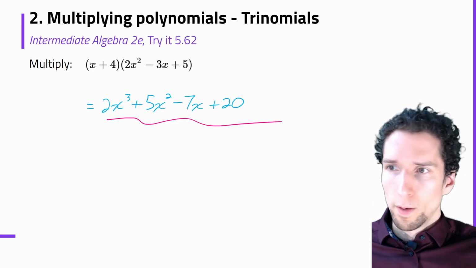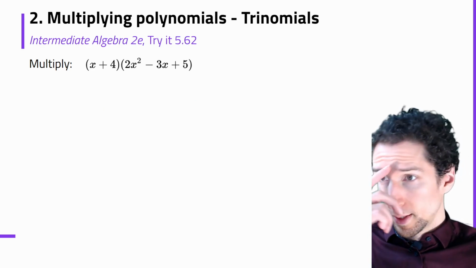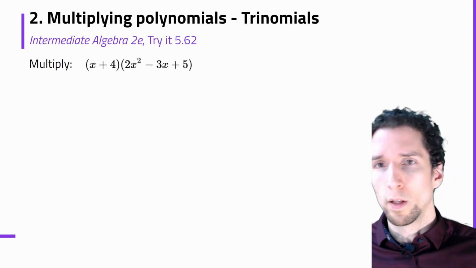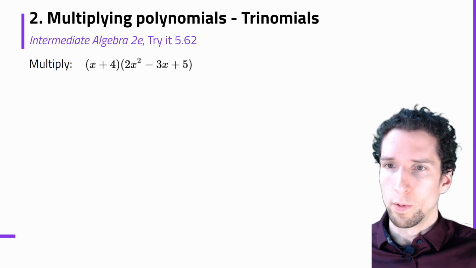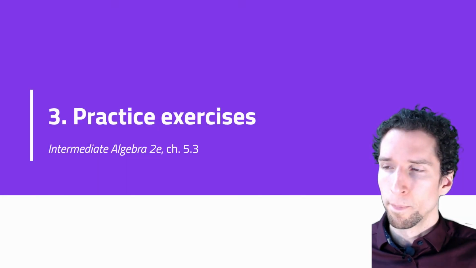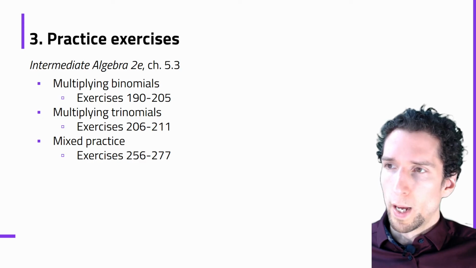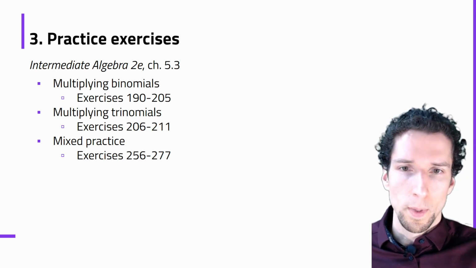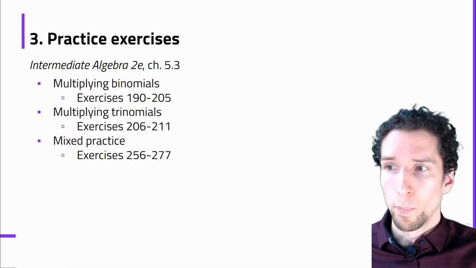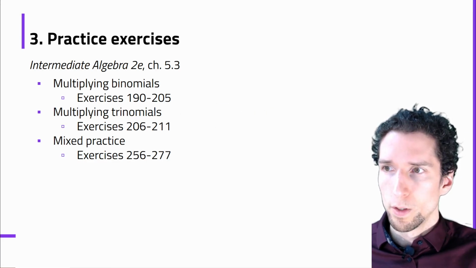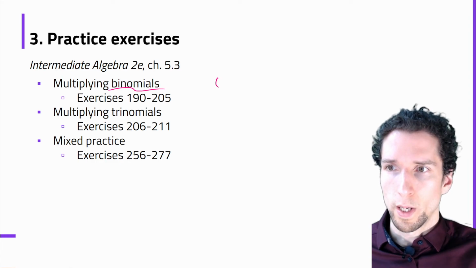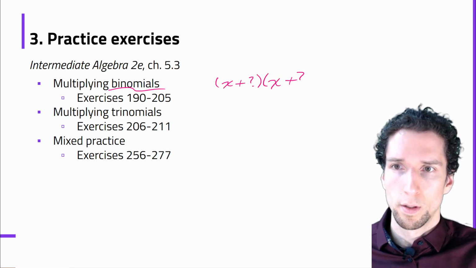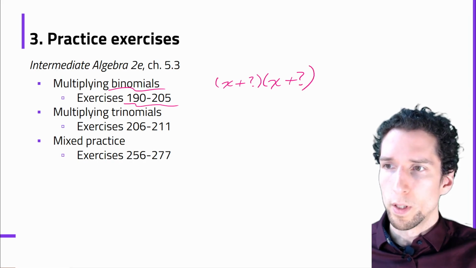Okay, that's it. I decided to split up the expanding and factoring into separate videos just so it wouldn't be extra long. So practice exercises are these ones here. Multiplying just binomials. So just like x plus something times x plus something like this. You can see here.